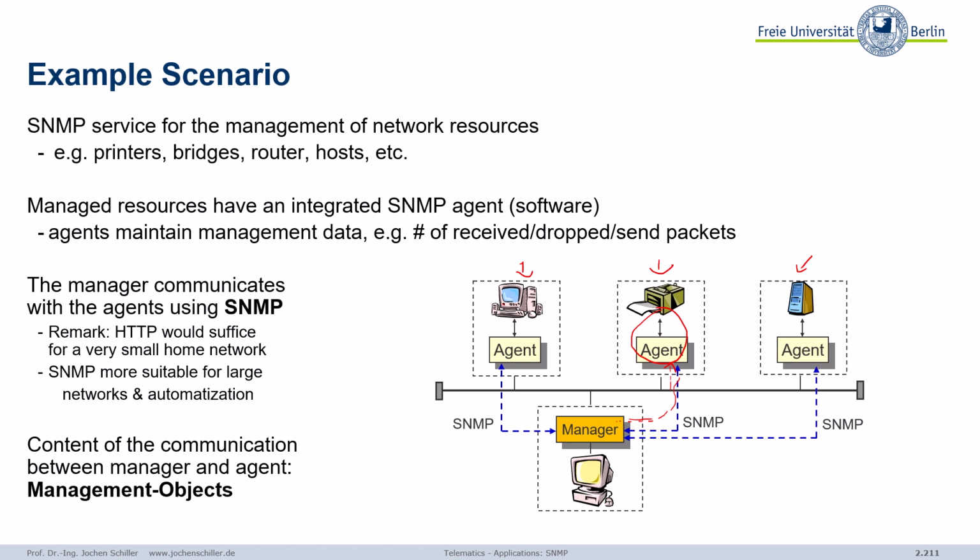You need simple protocols that are suitable for automation. So you have to write scripts interacting with this to collect information across all these thousands of devices, for example. So HTTP simply doesn't work this way. We will see how we can use HTTP later. So SNMP is more appropriate to address this large network.